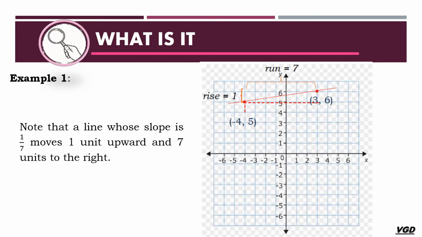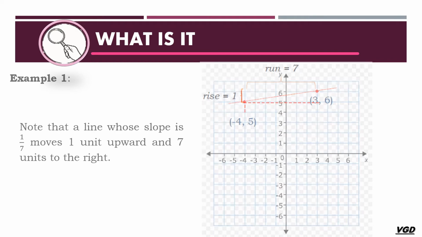So as we plot the points negative 4, 5, and the ordered pair 3 and 6, we get 1 unit going up, which is our rise, and 7 units run. So that is going to the coordinates 3, 6. That's why we got 1 over 7.